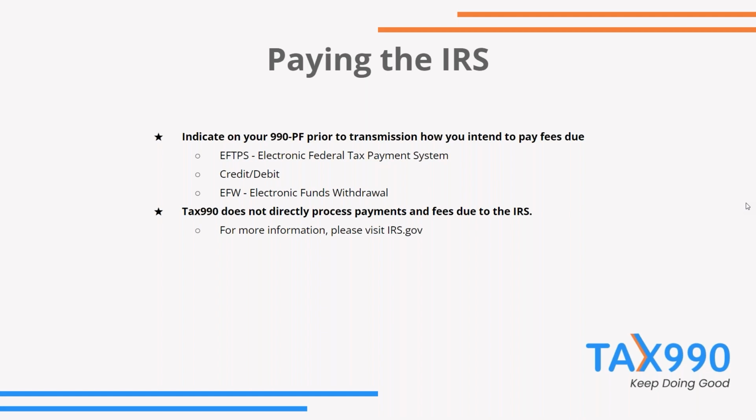But as I mentioned, for more information about EFTPS or to enroll in EFTPS, you'll need to visit their website at eftps.gov. To pay taxes through electronic funds withdrawal, you would provide your checking or savings account information for the IRS to withdraw money from your account based on the payment request date you choose.